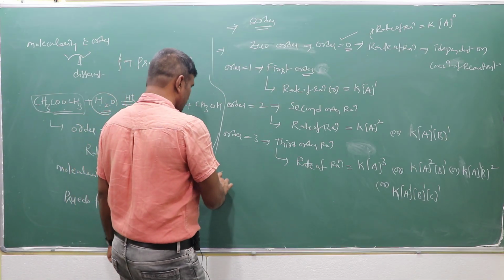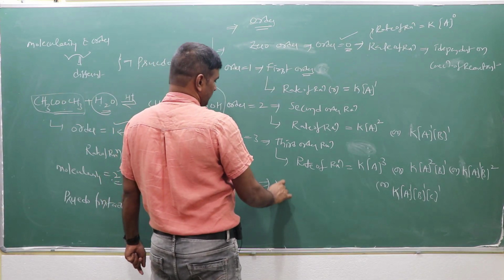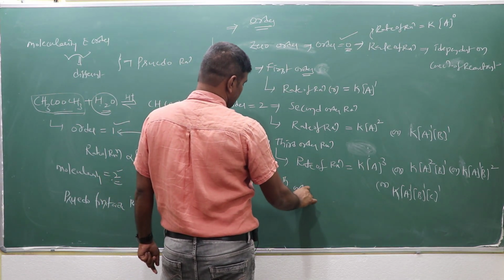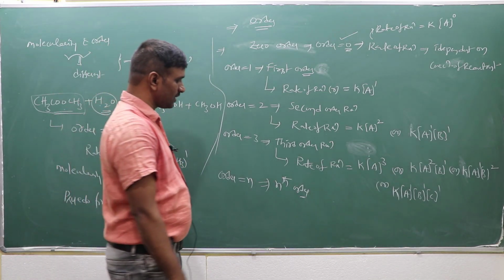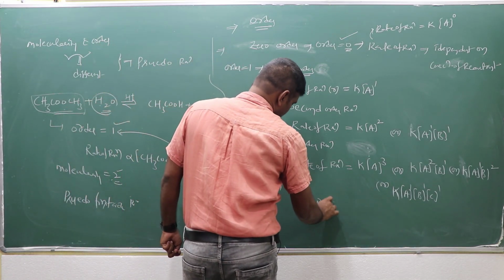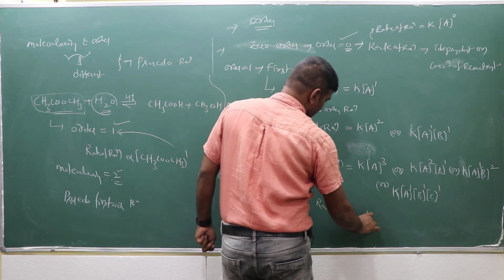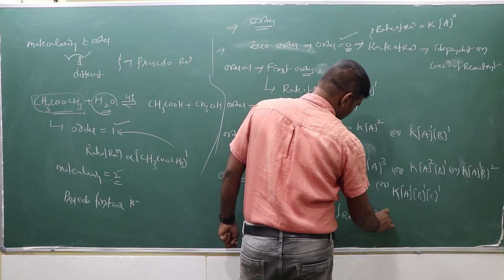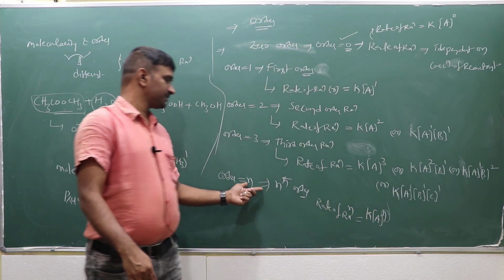Right? So suppose the order is equal to n, this is considered as an nth order reaction. In nth order reactions, the rate of reaction is equal to k into, suppose A is the reactant molecule, A to the power of n, that n is the order.